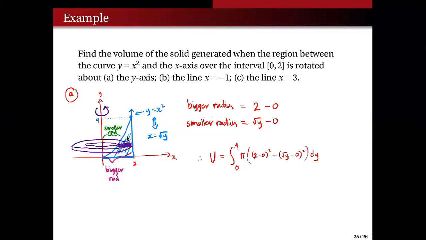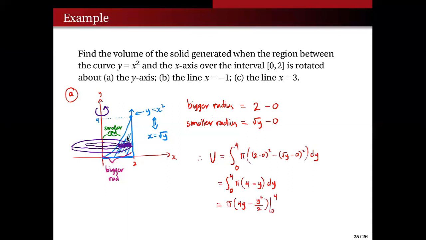So let's just finish this integration. We have from 0 to 4, and then we have pi quantity 4 minus y dy. So integrating, we have pi times 4y minus y squared over 2 evaluated from 0 to 4.